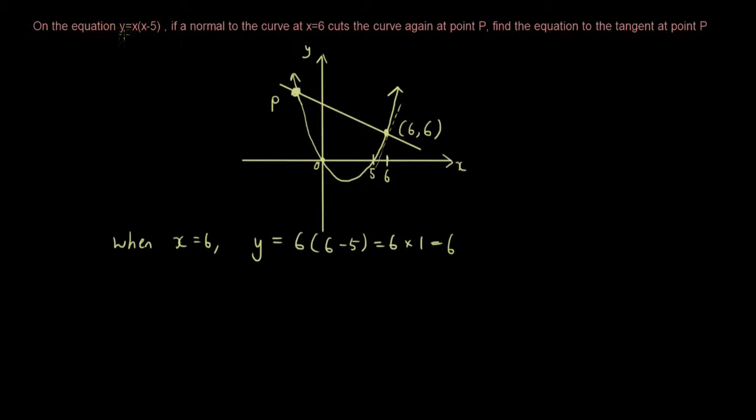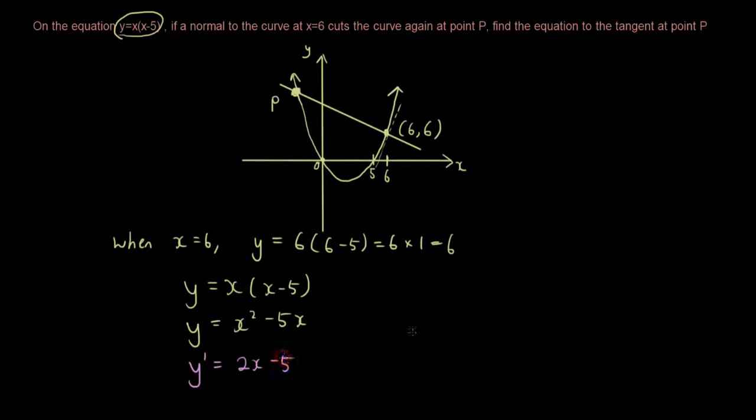And if you guys remember, when you differentiate an equation, that is the equation y equals x bracket x minus 5, if we expand that, we get y equals x squared minus 5x. When you differentiate it, y dash equals 2x minus 5.